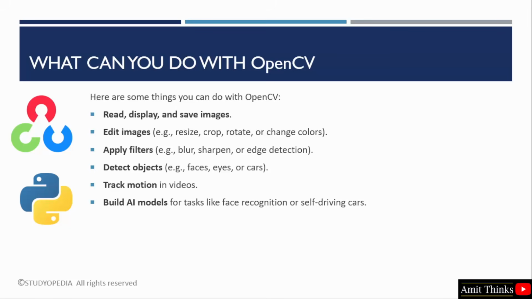Apply filters: enhance or analyze images using techniques like blurring, sharpening or edge detection. Detect objects: identify faces, eyes, vehicles and more with built-in detection algorithms. Track motion: you can easily monitor and analyze movement in videos. Build AI models: create models for advanced tasks such as facial recognition or autonomous driving.